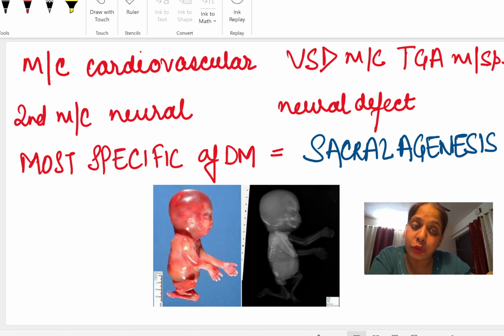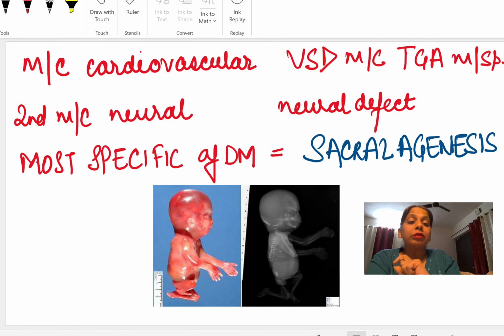Dear, I have checked 2 times from the standard book, and I found the same. So VSD is the most common cardiac defect found in the fetus of mothers with overt diabetes mellitus. If we talk of the most specific, then it is TGA, transposition of great arteries.